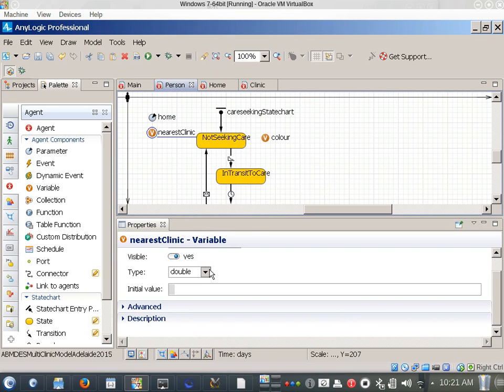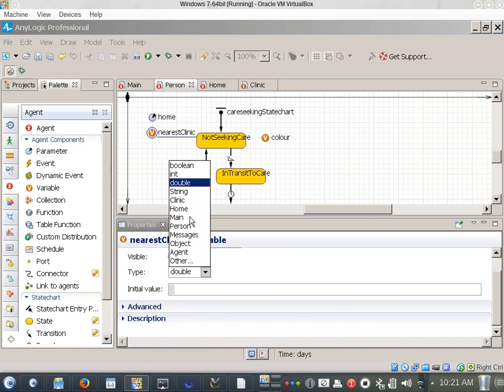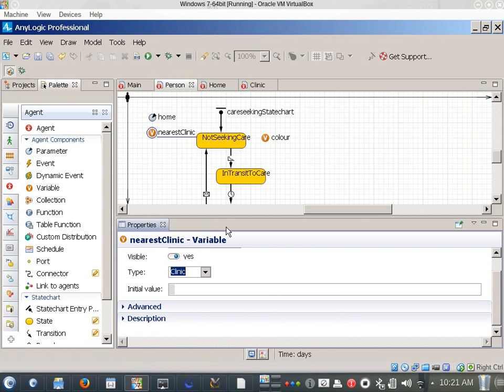Clinic is right. It'll be of type clinic. So a new variable of type clinic will be included, and the variable is called nearest clinic.